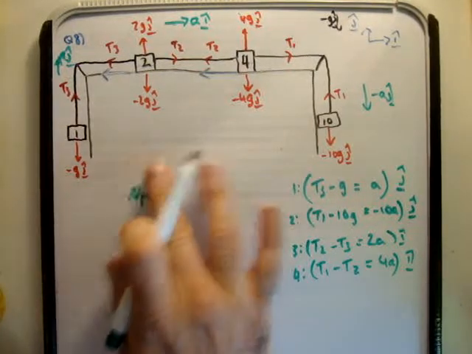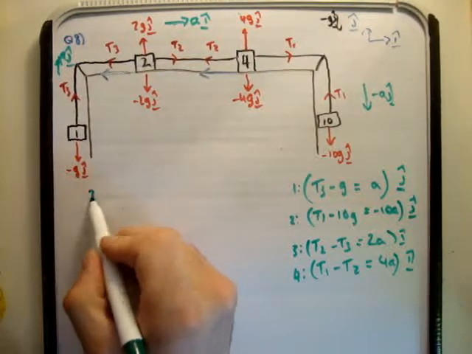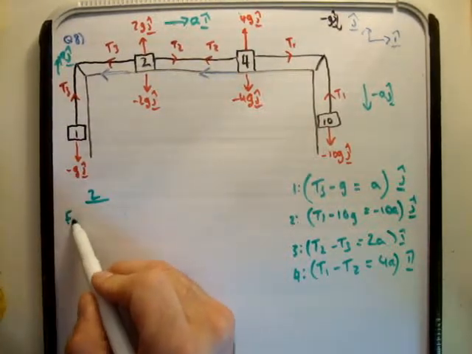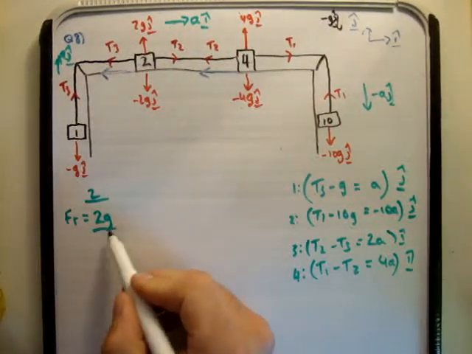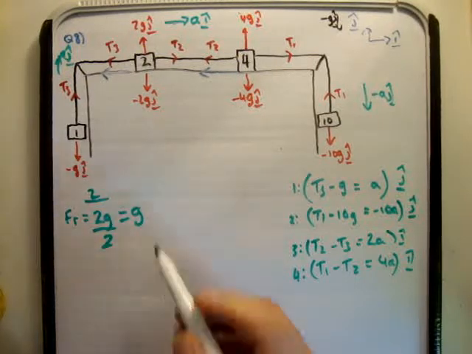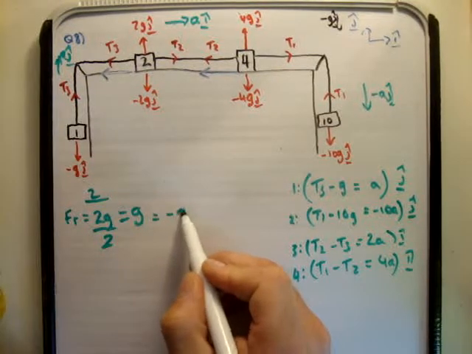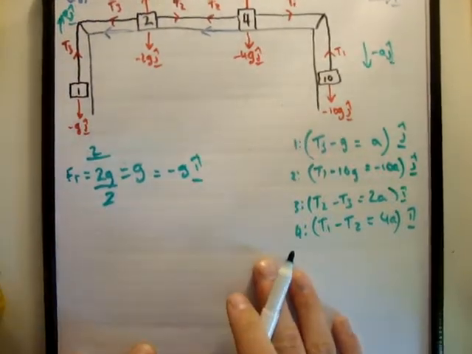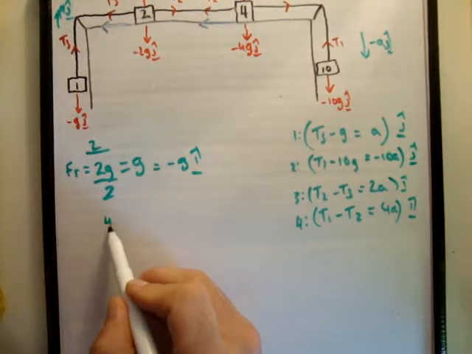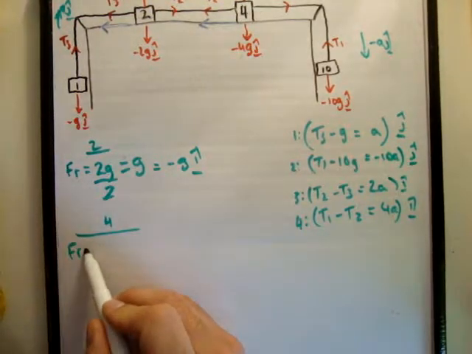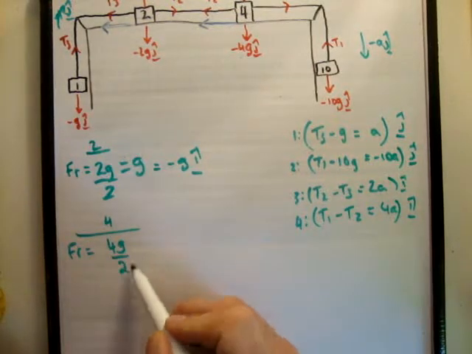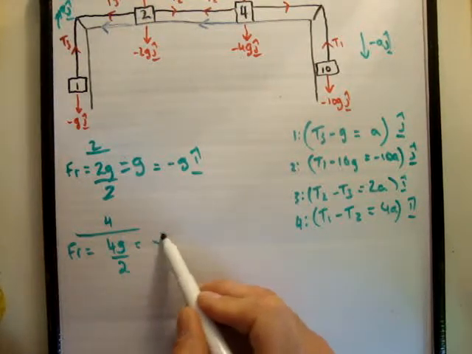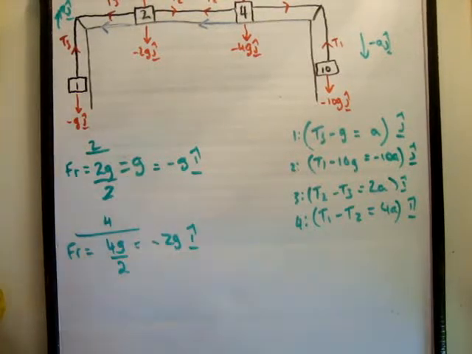So for the 2 kilo mass, the frictional force is going to be equal to 2G times the coefficient of friction, which we're given as a half, so it's going to be equal to G. And that's going to be equal to negative G i hat. And for the 4 kilo mass, the frictional force is going to be equal to 4G over 2, which is equal to negative 2G i hat.